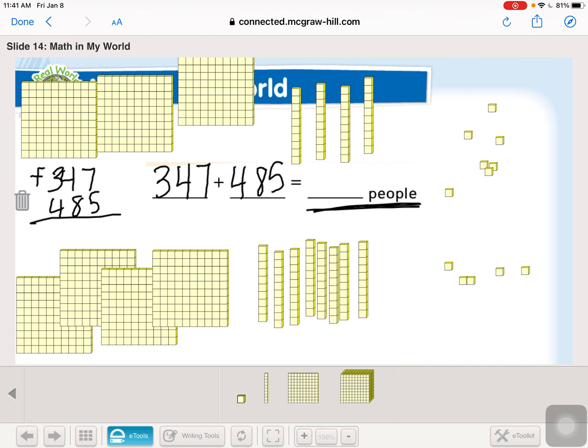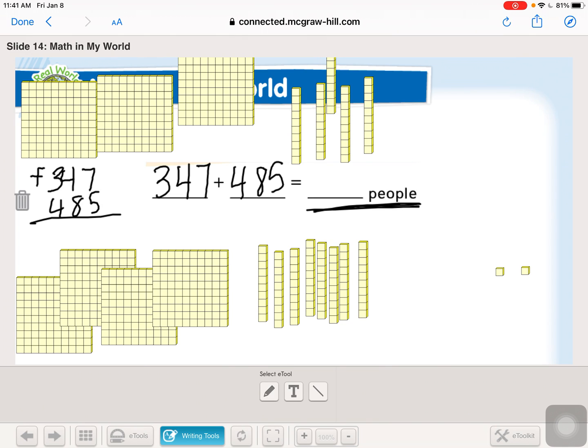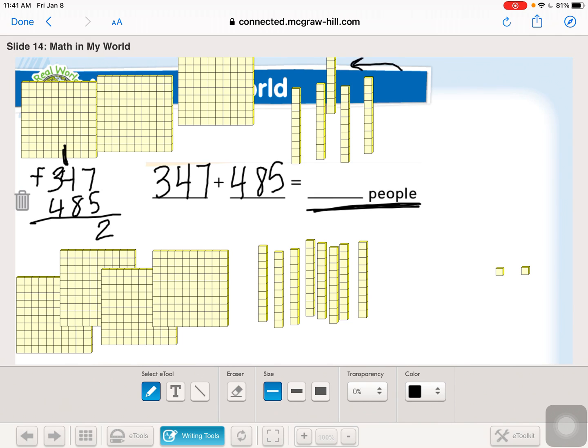Let's see. This is 7, 8, 9, and 10. I'm going to regroup these as a 10 and move it up here. Okay, so that leaves me with 2 ones to record there. And I have to regroup that 1 ten that I did up here.